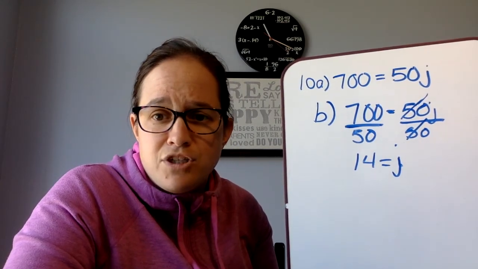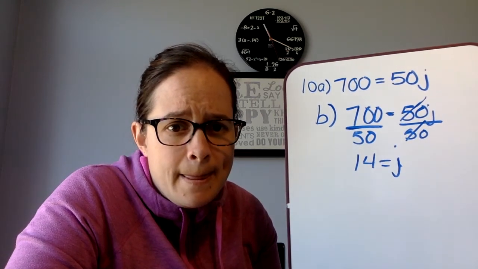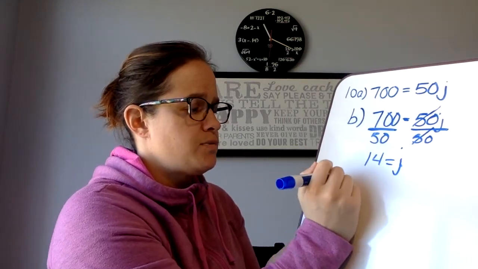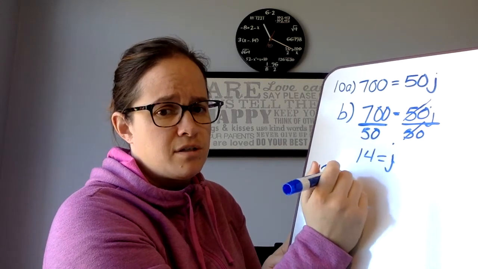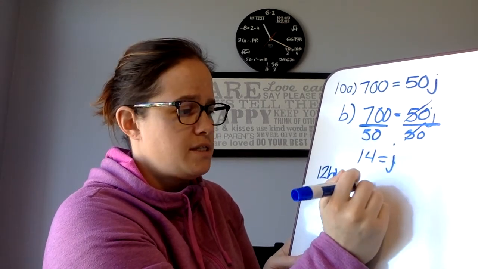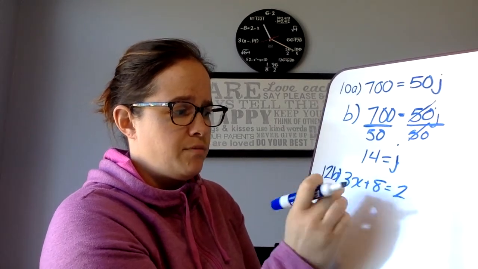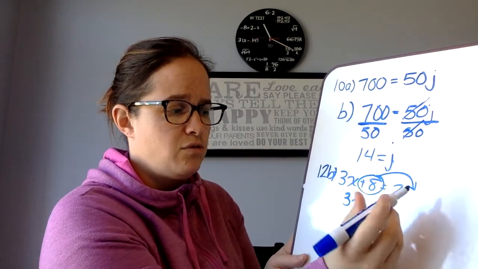All right, question number 12B. 12B was done okay. There were a couple errors with this one, mostly integer errors. So it's 3x plus 8 equals 2. So we want to get everything away from this 3x. We're going to take this 8 and send it over.